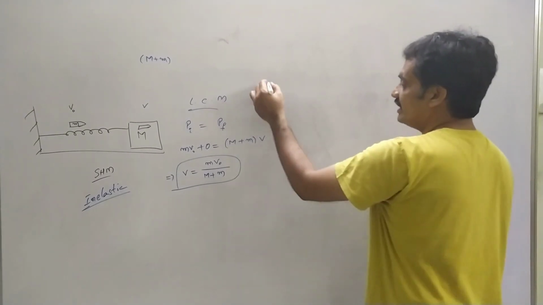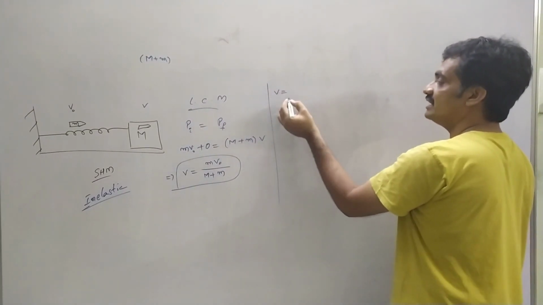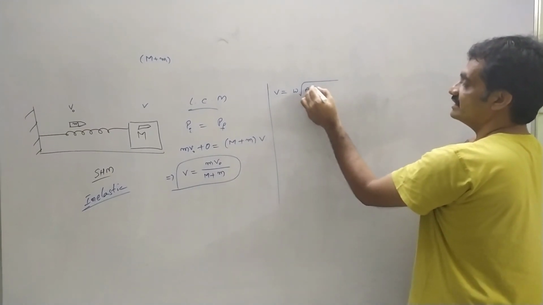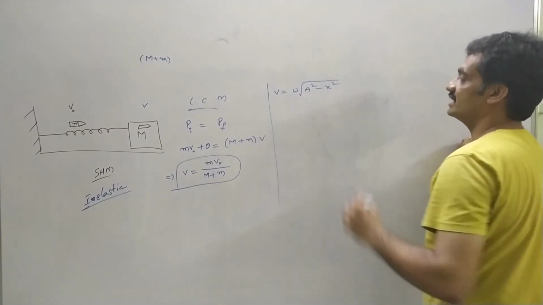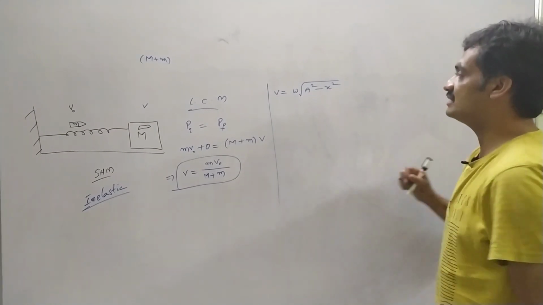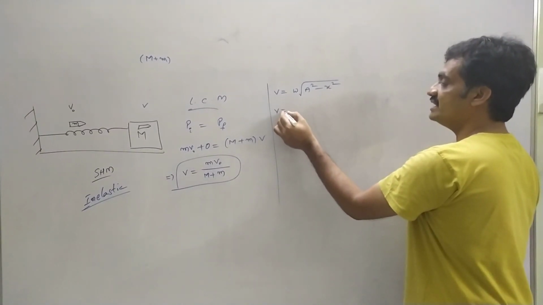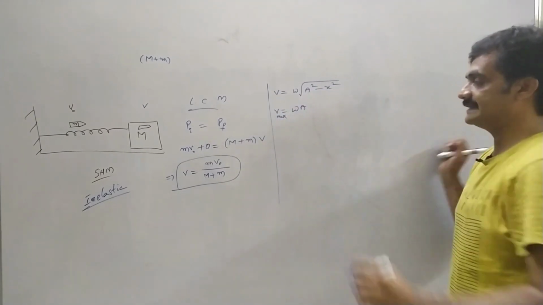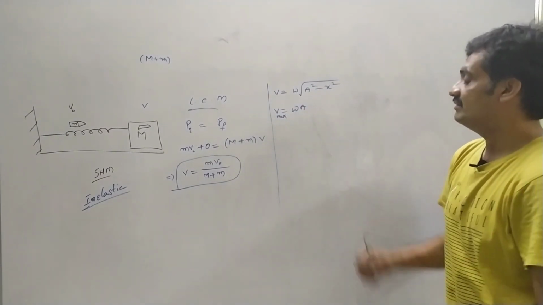Now we consider the velocity equation, where we know that velocity v equals omega into the square root of (a squared minus x squared). At the mean position x equals 0. Then we have v equals omega a, which represents the maximum velocity.